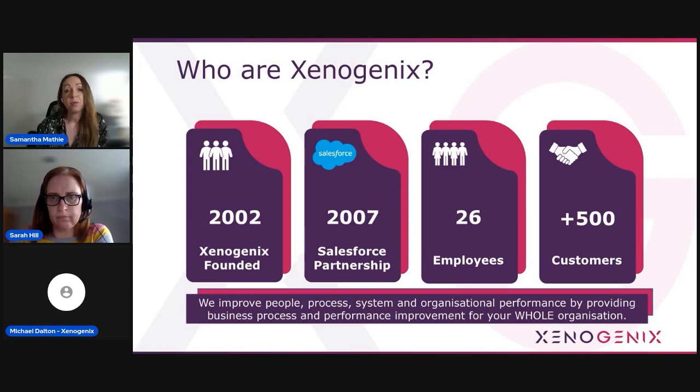Since then, we've grown from 2 employees to 26 of us. These are mostly consultants who work on customer projects across the whole of Salesforce. We specialise in getting customers' whole business onto Salesforce. So we've got strategic partnerships in place so we can automate every process from lead generation to money in the bank and customer services.